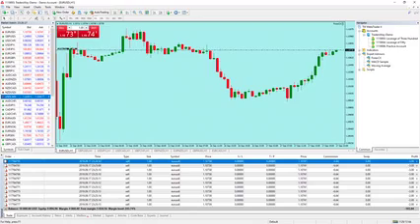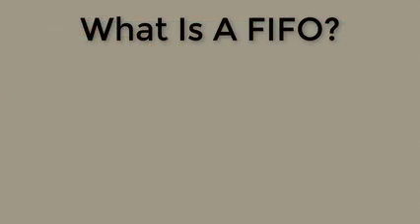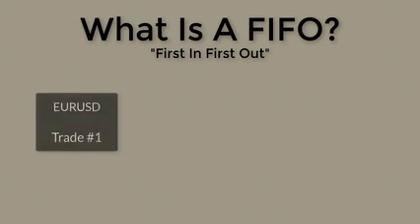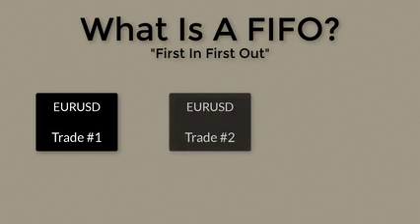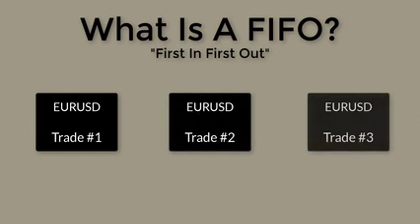Okay, so another thing to make you aware of for American brokers is we have what's called the first in, first out rule, or the FIFO rule. So if you're trading, as an example, the Euro USD, you can place multiple trades on that same pair.